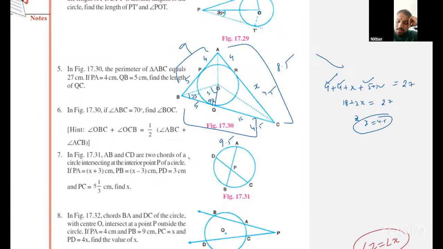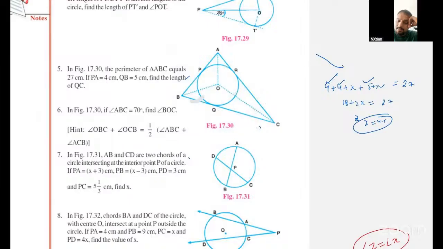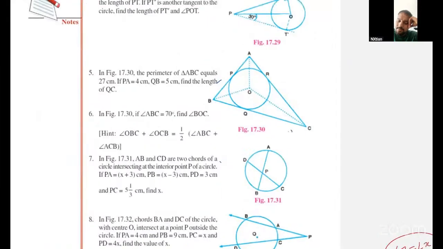Is the question incomplete? Okay, let me check this. I will do it one more time.